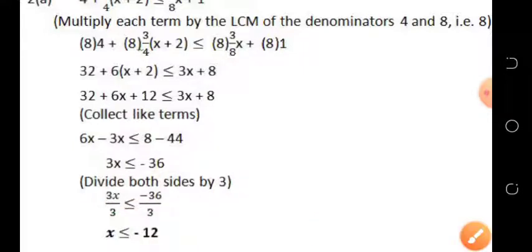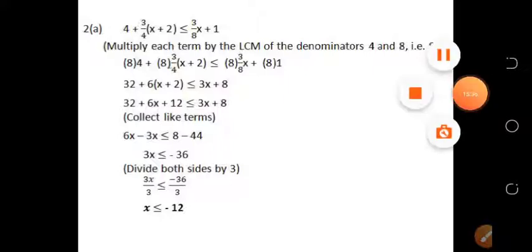If you don't really understand it, you can replay the audio again and again and the solution will stick in your head. Now let's get to solution 2b. Question 2b. Now look at this question very well. You are given a shape, a figure there.